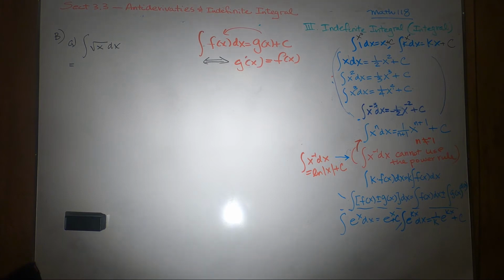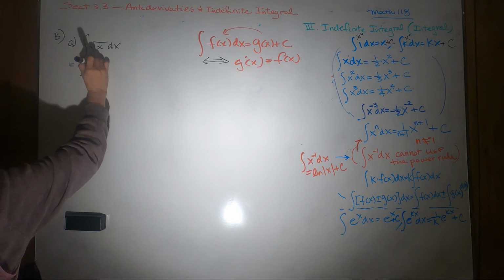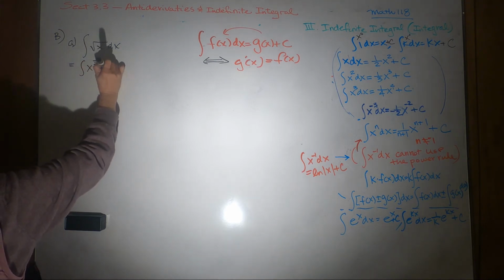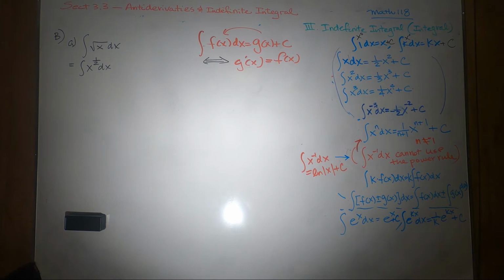All right, so we do it this way. X to the half power dx for the integral. We call them indefinite integral because you have an arbitrary constant c there. So instead of going a level lower as in the derivative, you will go a level higher, right?